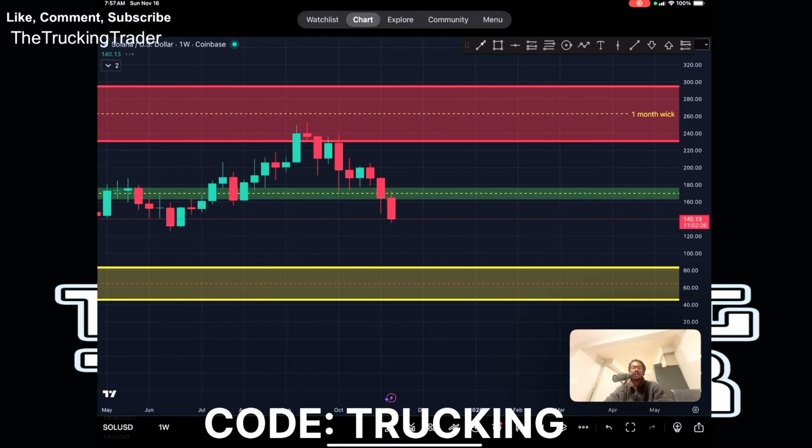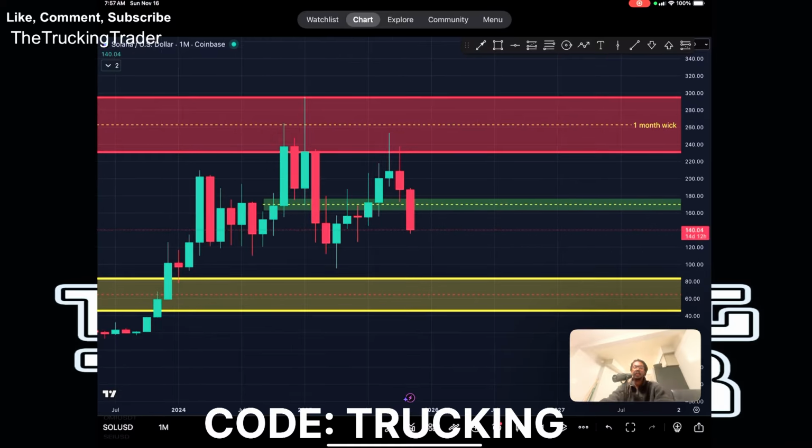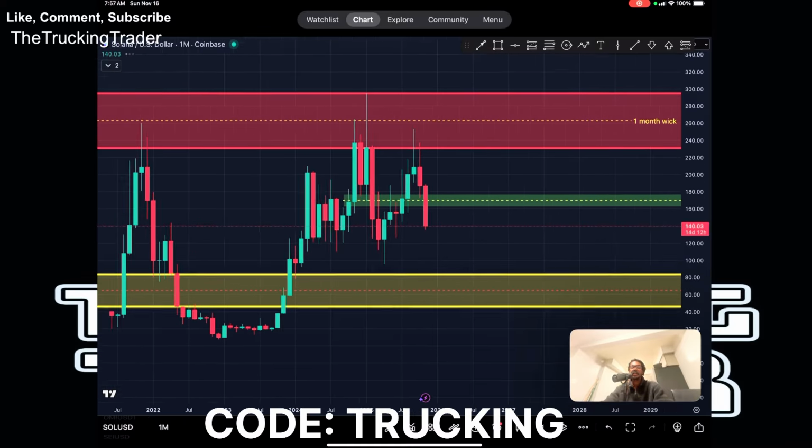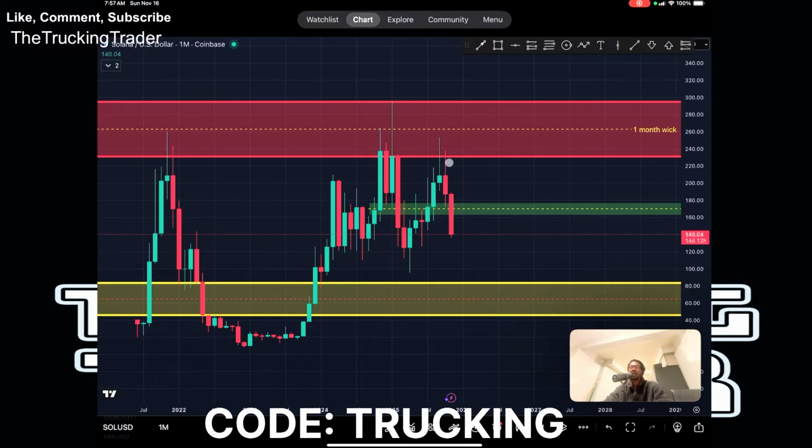If we drop down into the 1-month time frame, you see this is the wick that I had measured out right here. We just hit the lower quadrant of that wick, haven't even hit the midpoint just yet. Maybe price wants to come back and hit the midpoint and give you a chance to get out of the trade.